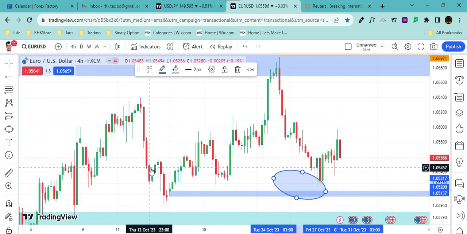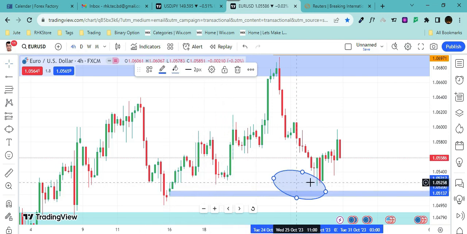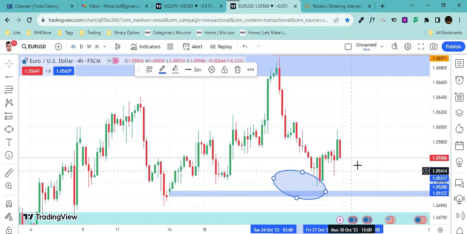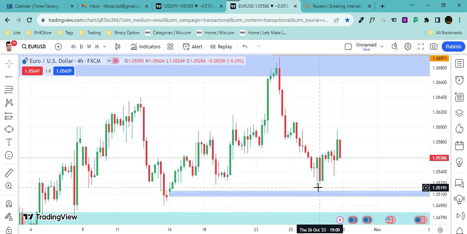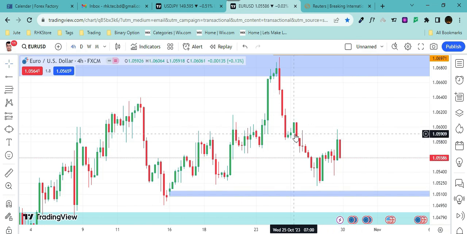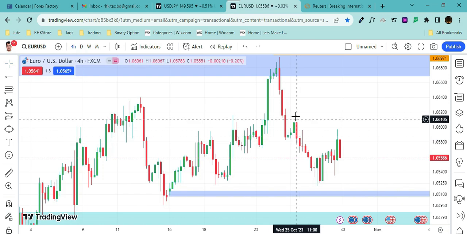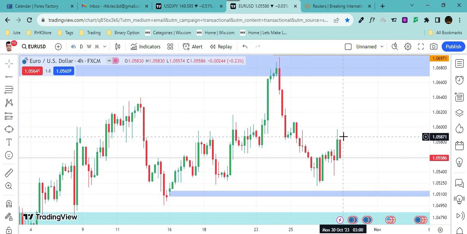In 4 hours we can see this is the thing where it is facing a very good resistance right now, that the current price has been rejected and it moved upward, and in the upward move we can see there is a green zone and the red candle, and it is rejected here very clearly.